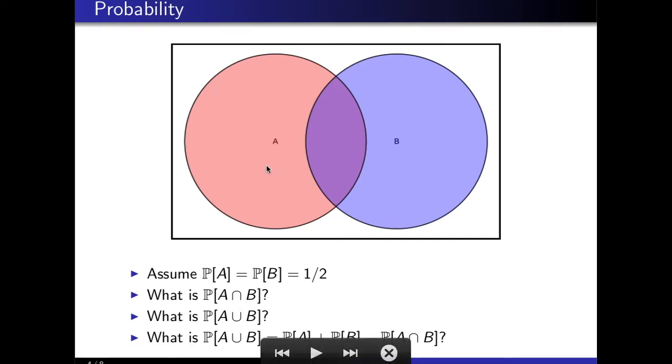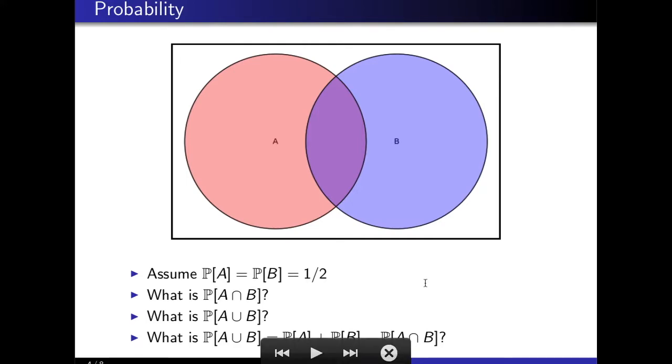The probability of A or B we could look at as the combined area from the circle A and the circle B. But if we just add up the two areas, we're going to count a little bit too much, because when we take the area from A and the area from B, we count this purple region twice. So we need to subtract it off once. We take the area from circle A, the area from circle B, and subtract off the area in this purple region once. That way we get exactly the area of A plus the area of B, and nothing is counted twice.